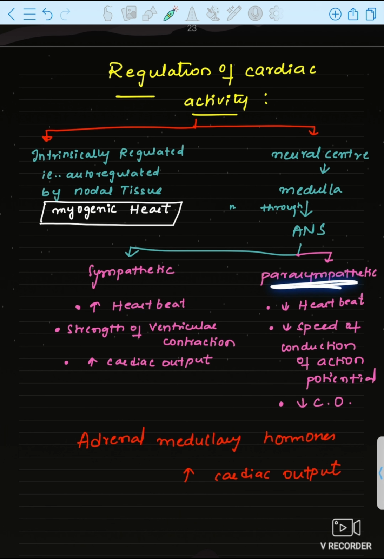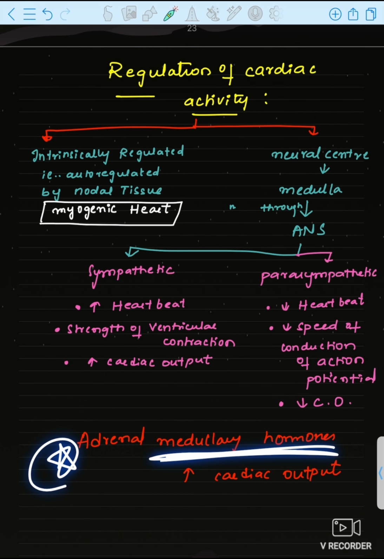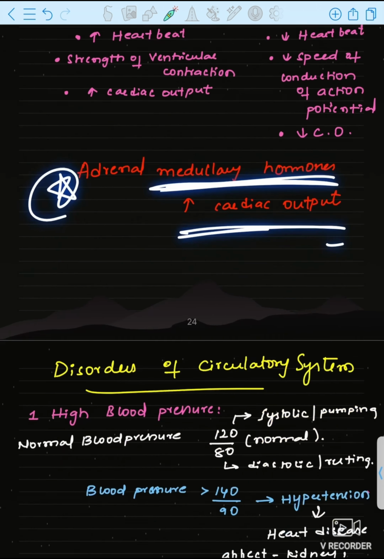Whereas in parasympathetic, heartbeat decreases, cardiac output decreases, and speed of conduction of action potential will be decreased. That's why contraction strength also will decrease. Okay. Some adrenal medullary hormones will be present which will increase the cardiac output.